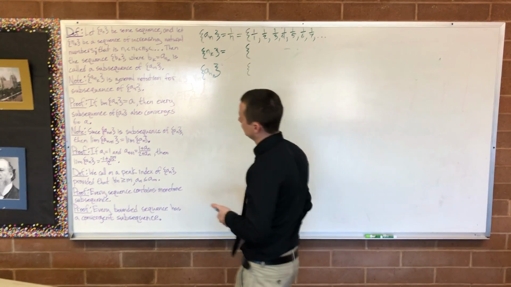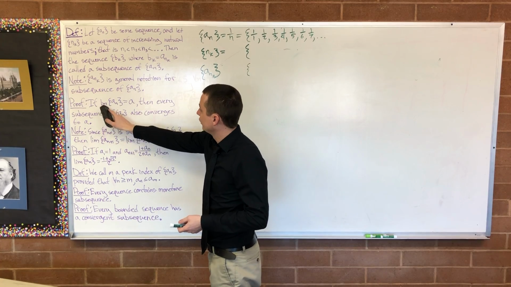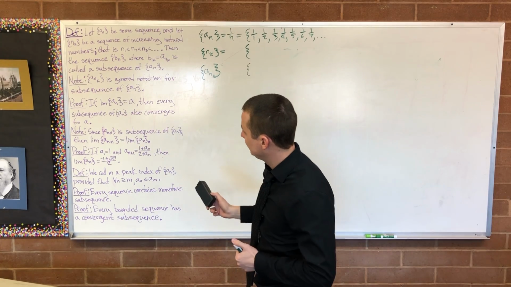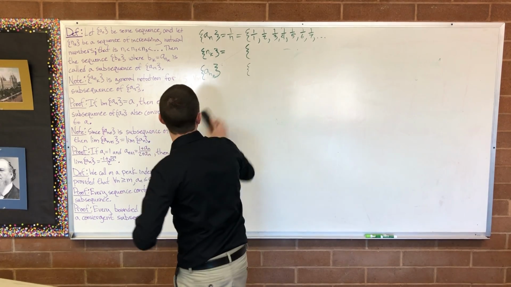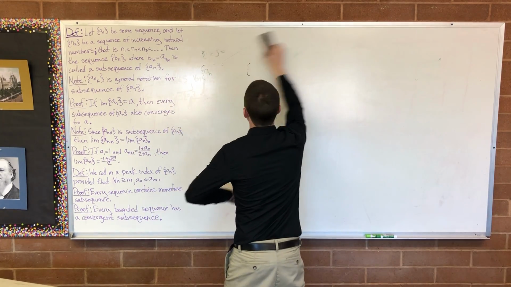Okay, let's do our first proof, which is exactly what I said. If the limit of A sub n is equal to A, then every subsequence of A sub n also converges to A. So let's do that proof.